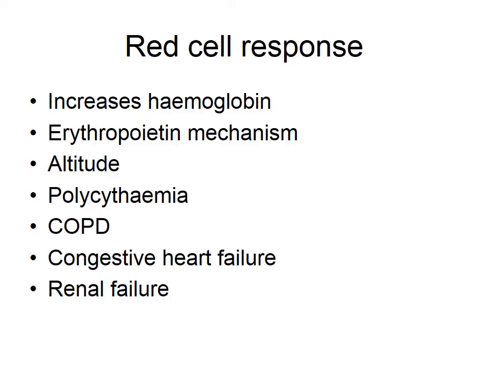If we go and live at altitude, there will be lower partial pressures of oxygen in the air. That will mean that the levels of oxygen in the blood also drop. That will be detected by the kidneys.